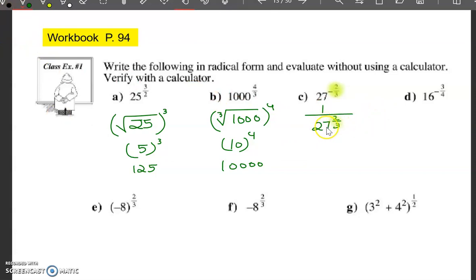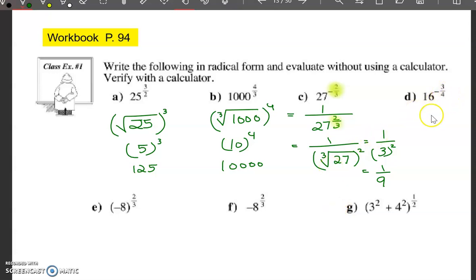So now we will do the exact same thing as you've been doing, except when we're writing it, we will be writing everything as 1 over. 27 becomes a radicand, 3 is the index, and then we square it. So that will give me 1 over 3 squared, which will give me 1 over 9.